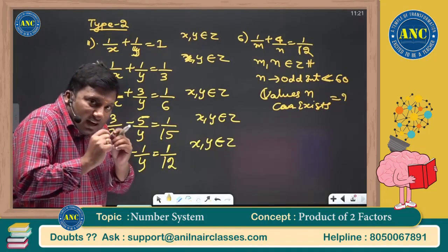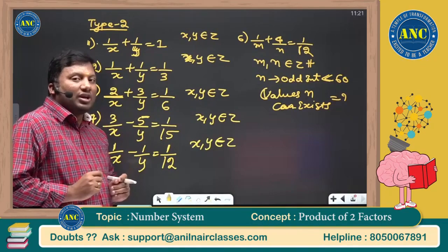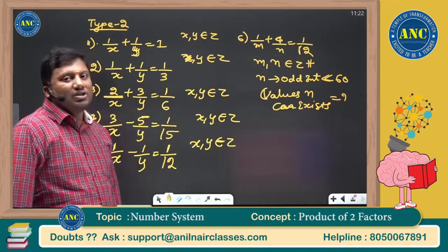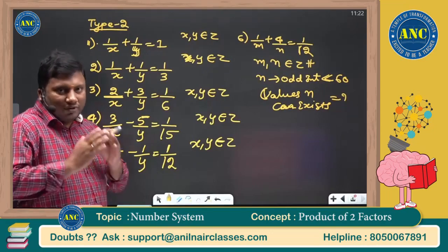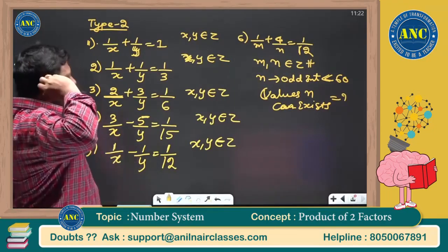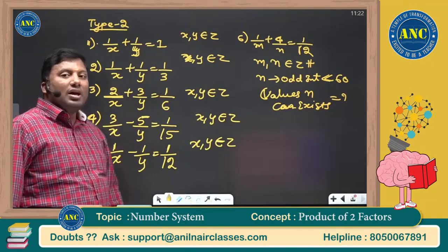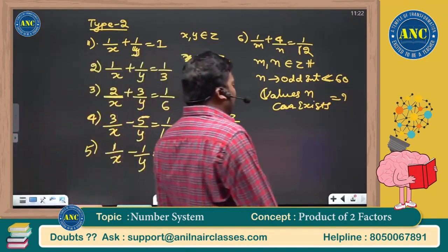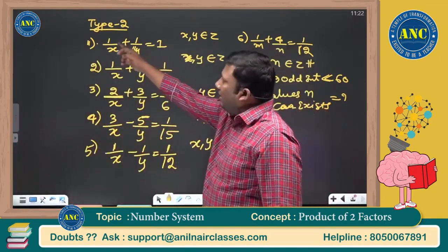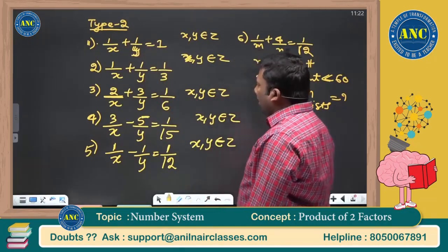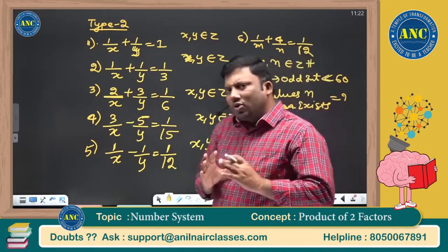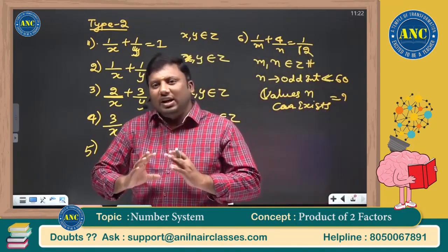The second important key point is, if the degree of the equation is 2, write the equation as a product of 2 factors. The third important key point is, if the equation is of the form a by x plus b by y equivalent to 1 by c, then how to write out this equation? These 12 questions we will discuss in detail.